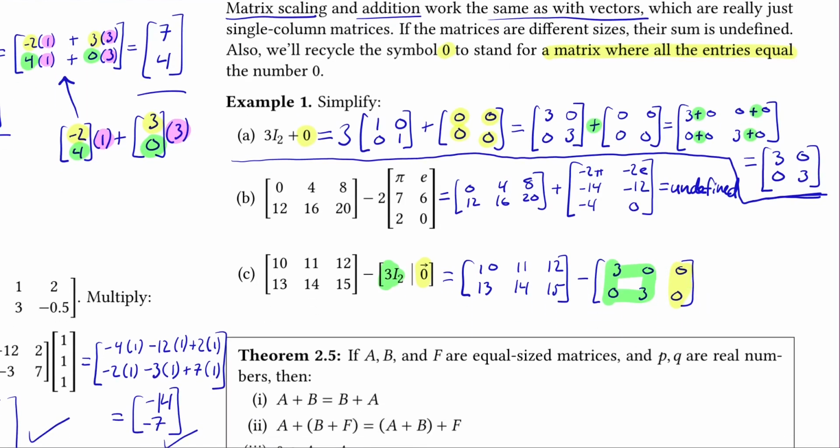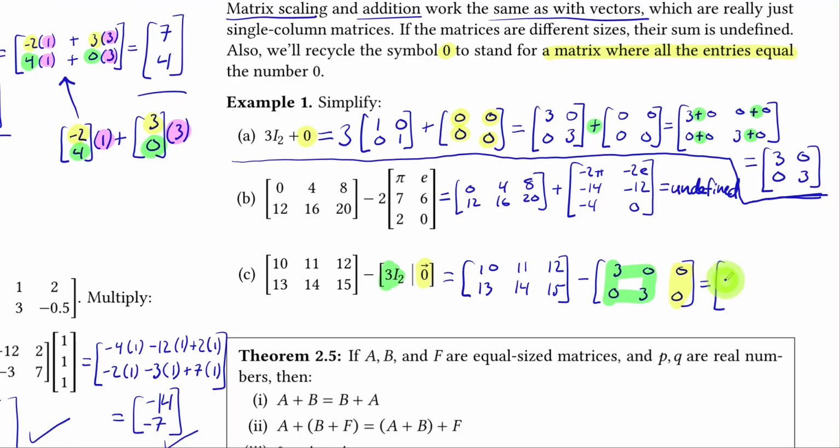And then subtracting just means subtracting each of the entries. So that gives you 10 minus 3, 11 minus 0, 12 minus 0, 13 minus 0, 14 minus 3, and 15 minus 0, which gives you this result. Okay, so that's pretty straightforward.